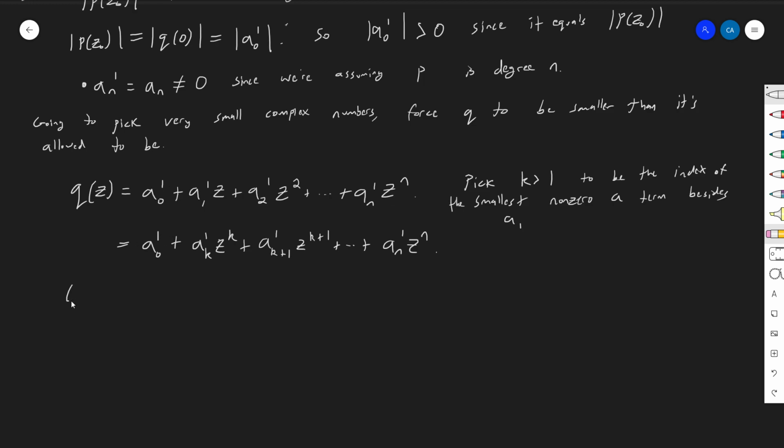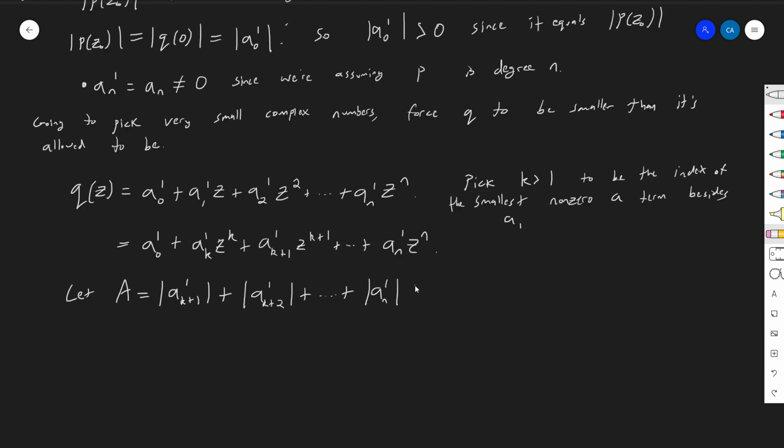Specifically, I'm going to say capital A is equal to the magnitude of all of the terms past these first two. So it's going to be the magnitude of a sub k plus 1 prime, plus, and that's closed brackets too, this has already been triangle inequalitied, plus the magnitude of a sub k plus 2 prime plus dot dot dot plus the magnitude of a sub n prime.